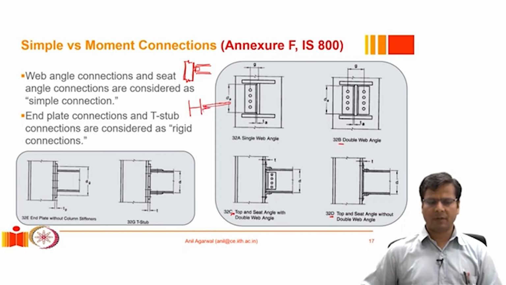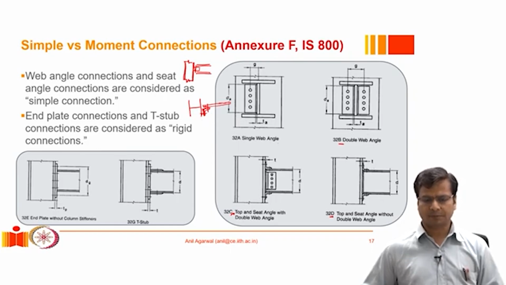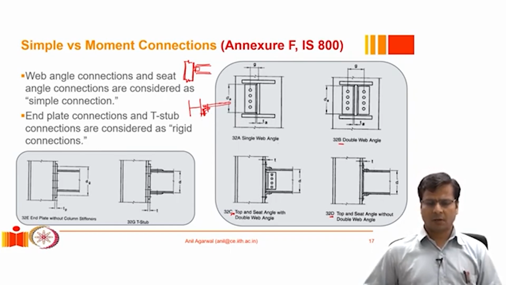It will be an angle like this. This is not geometrically accurate; the angle will not be as wide. This angle will be bolted or welded to the web of the beam, and bolted or welded to the flange of the column. Such connections are quite common. These are known as single web angle connections.